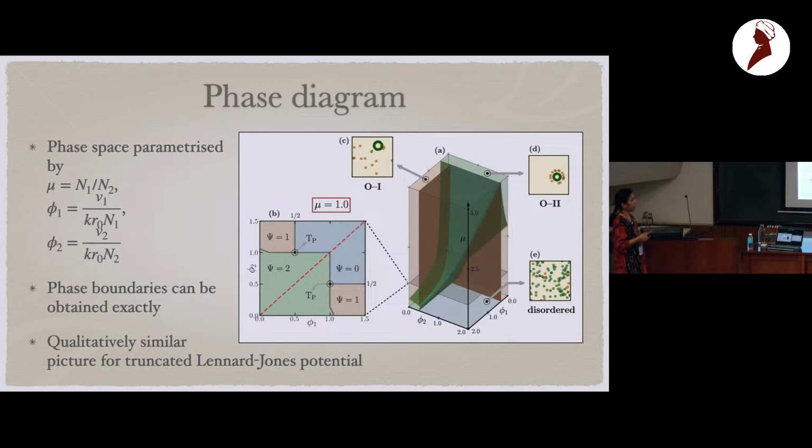V1 by kn1 is one length scale, as we saw in the previous case. V1 minus V2 by kn is the length scale of the repulsion. The ratio of this radius and r naught is one parameter, and similarly phi 2.